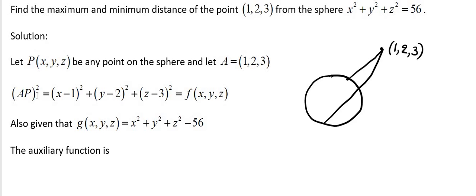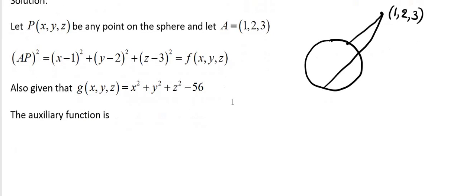Why I am taking square here: actually the distance formula contains a root. To avoid that root, I am taking square. So x2 minus x1 whole square plus y2 minus y1 whole square plus z2 minus z1 whole square. Take this as f of x, y, z.